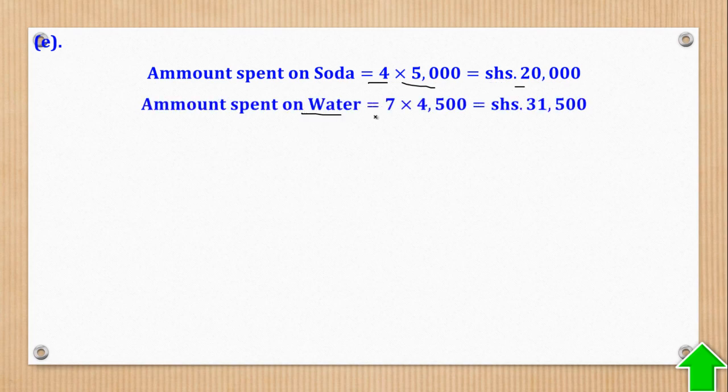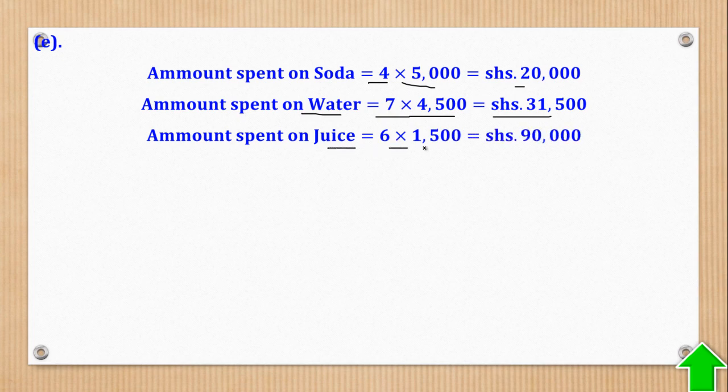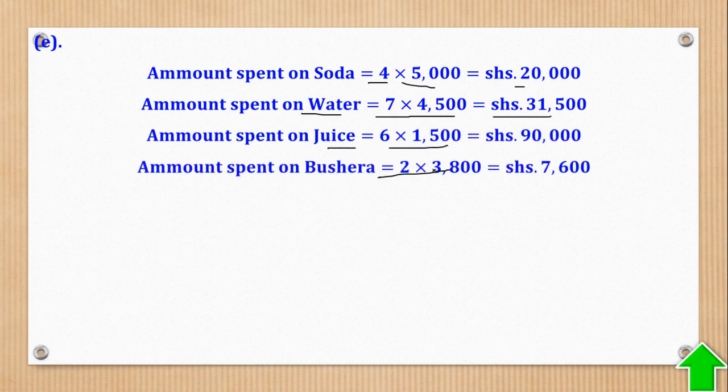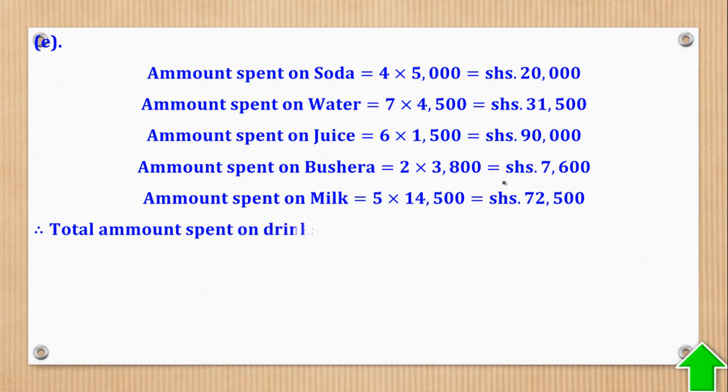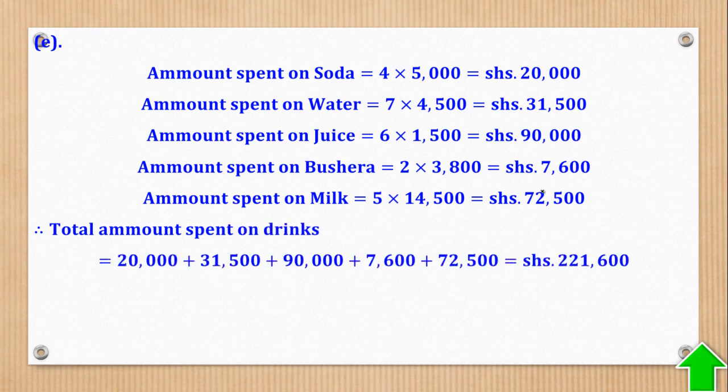Amount spent on water, 7 times that to give you this. Amount spent on juice. Amount spent on bushera. Amount spent on milk. Then they wanted the total. So you add all and get the total. And that's what they wanted.